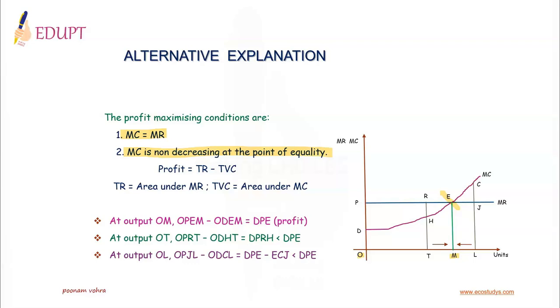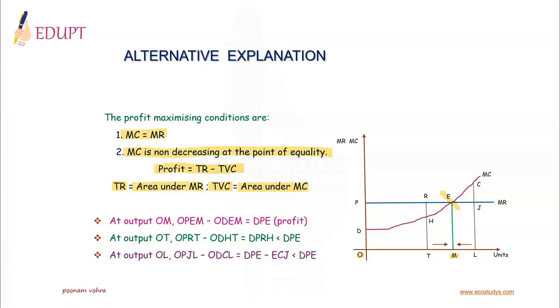So let us justify that at this point profit earned is maximum. This can be shown by taking into account the difference between total revenue and total variable cost. The area under marginal revenue is total revenue, and the area under marginal cost is total variable cost. Let us try to establish the fact that the producer does not earn maximum profit at any other point.